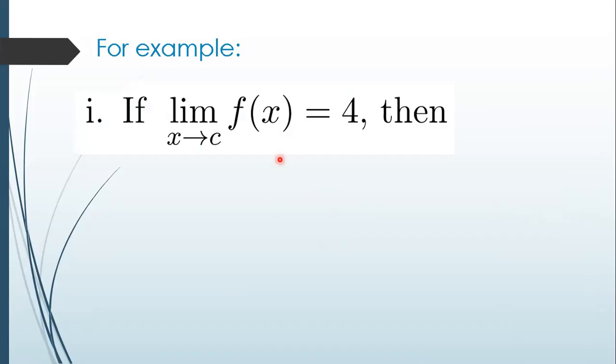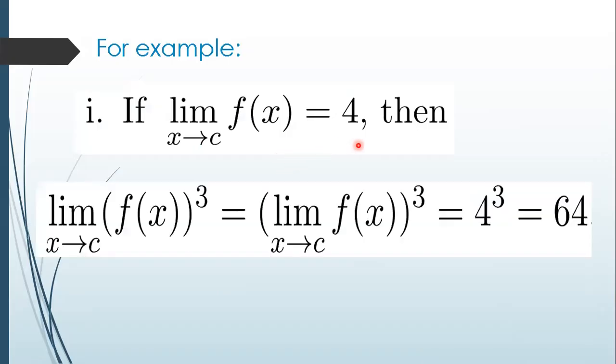For example, if the limit of f of x as x approaches c is equal to 4, then how about if this limit is raised to the cube? The limit of f of x raised to the power of 3 as x approaches c is just equal to, we are going to cube the whole expression itself, including the limit.